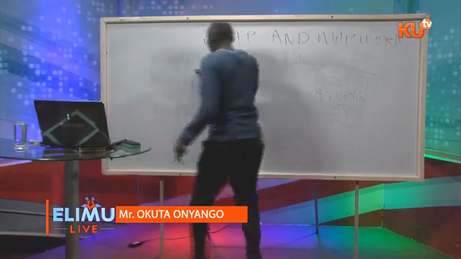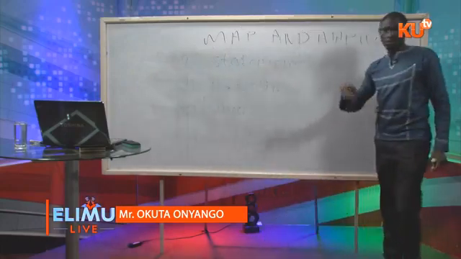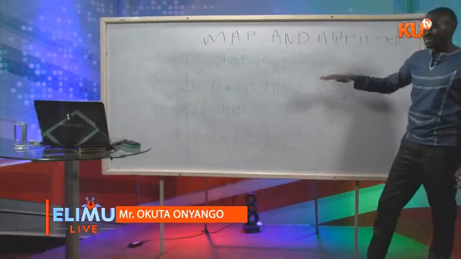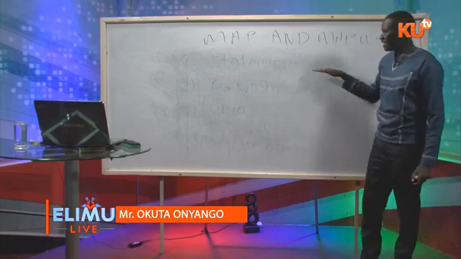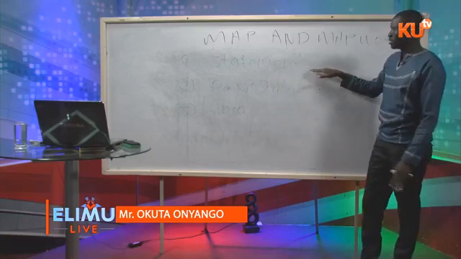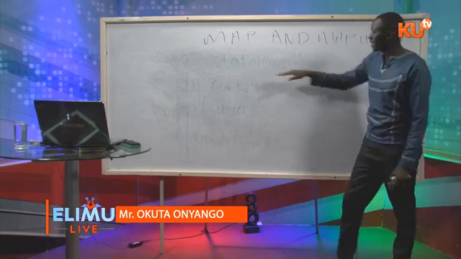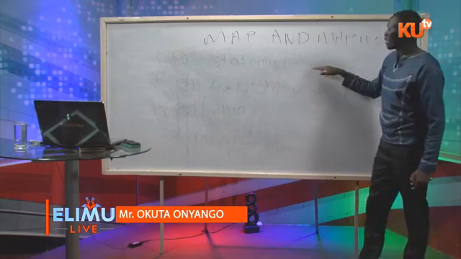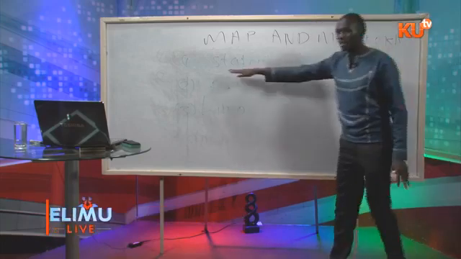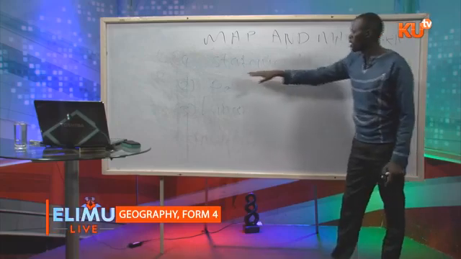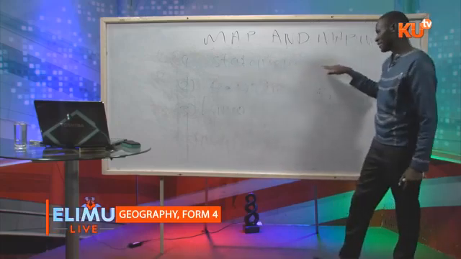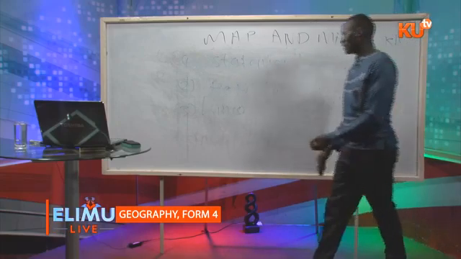So what do we mean by the statement scale? This is a scale that has been written through the use of words. So we use words to express a scale.